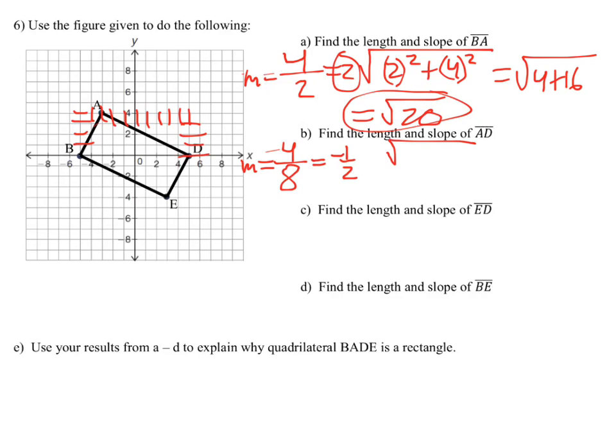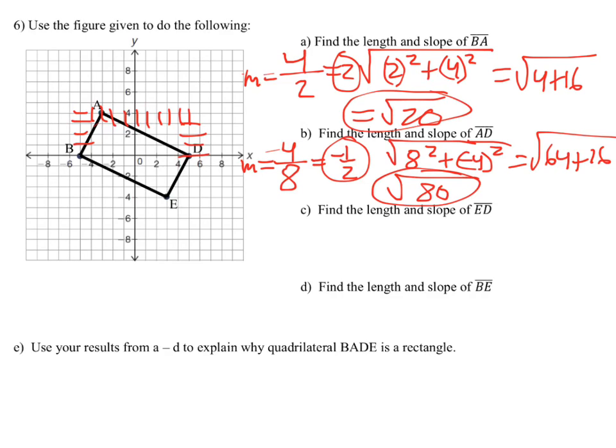And if you want to get the length, you're going to take both those numbers again and square them. So 8 squared and negative 4 squared. And if you square them both, you're going to get 64 and 16. And if you add those up, you're now looking at the square root of 80.